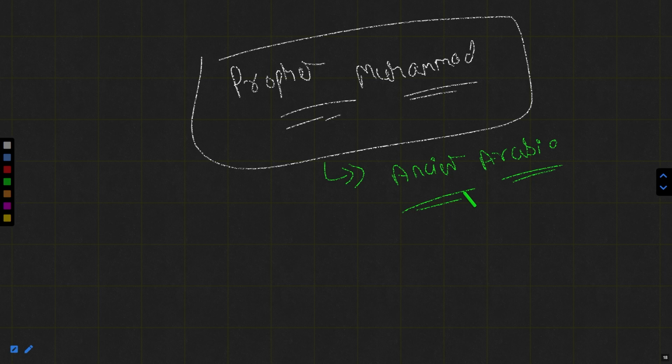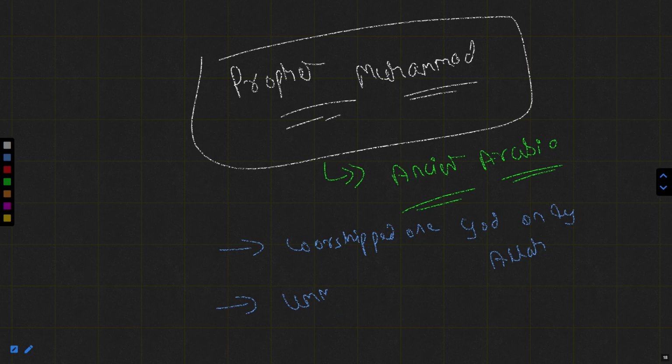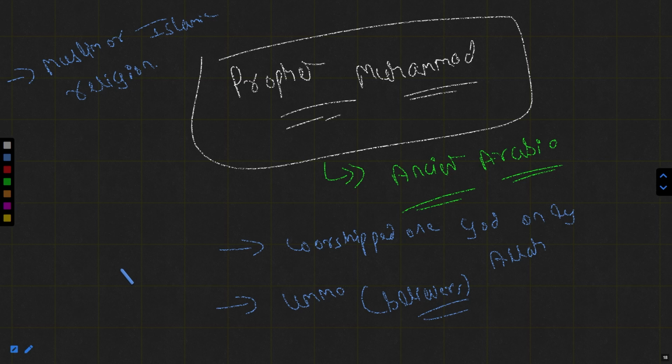So he persuaded people to worship one God only, called Allah. Second, he formed the community of believers known as Ummah. And third, he founded the Muslim or Islamic religion. All these things were done by Prophet Muhammad.